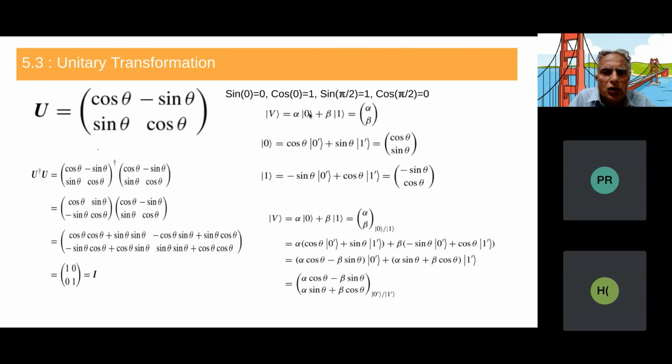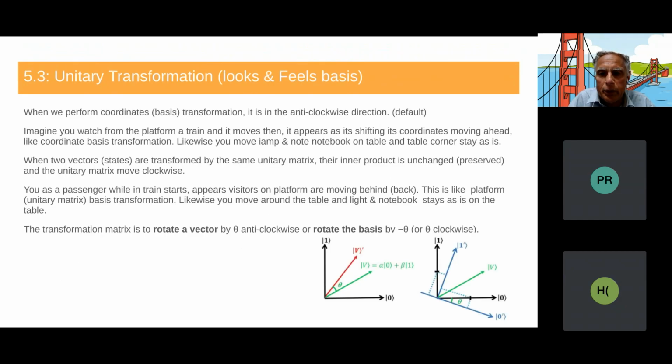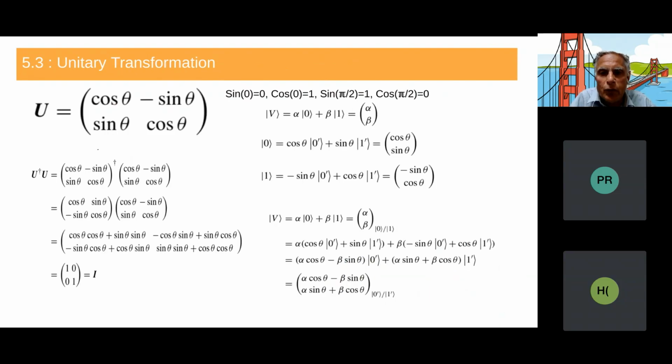So this is a projection where we go from the ket 0, ket 1 basis to the ket 0 prime, ket 1 prime basis, and we saw previously how the basis itself is moved. Essentially, if the basis is moved, this is what we expect. Now this can also be looked upon as a combination.